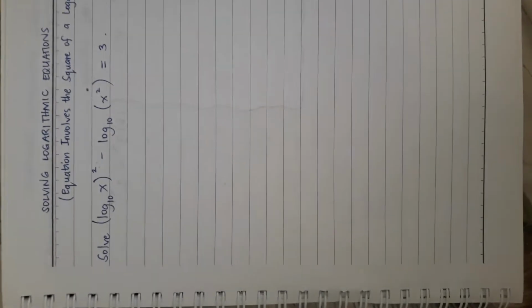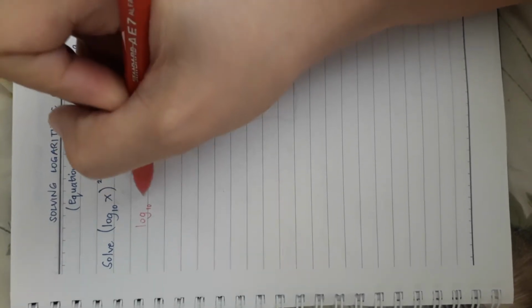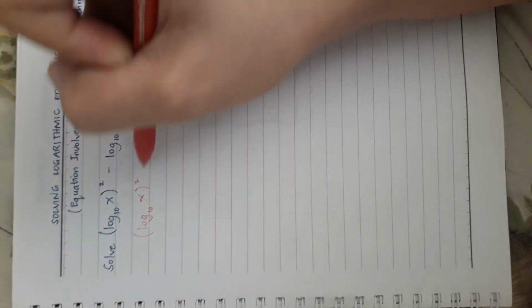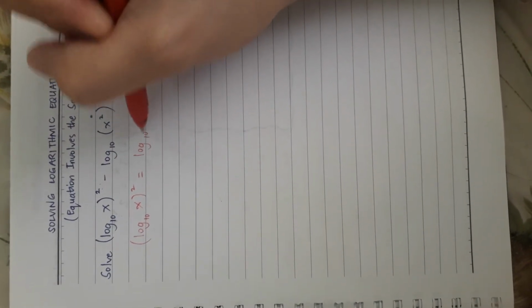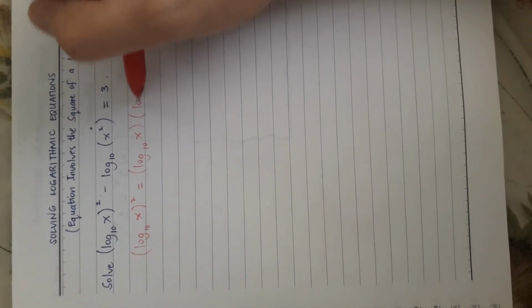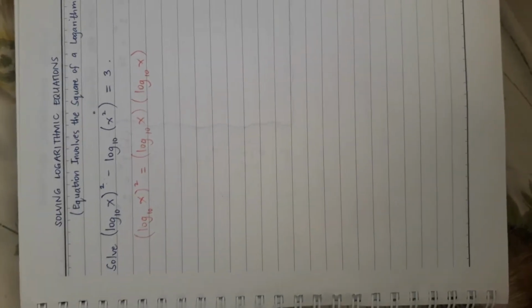So in other words, when you say logarithm of x to the base 10 squared, this is what we are doing. We are multiplying the logarithm of x to the base 10 to itself. That's what it means.